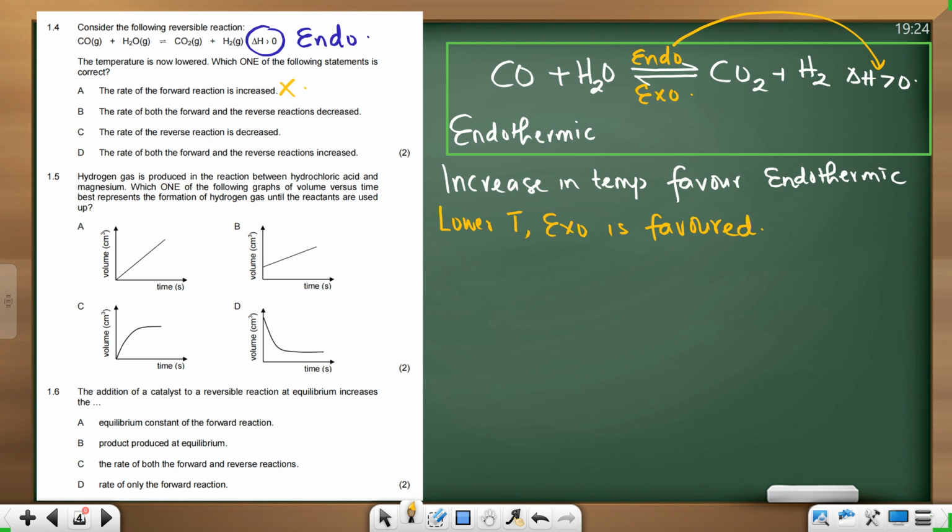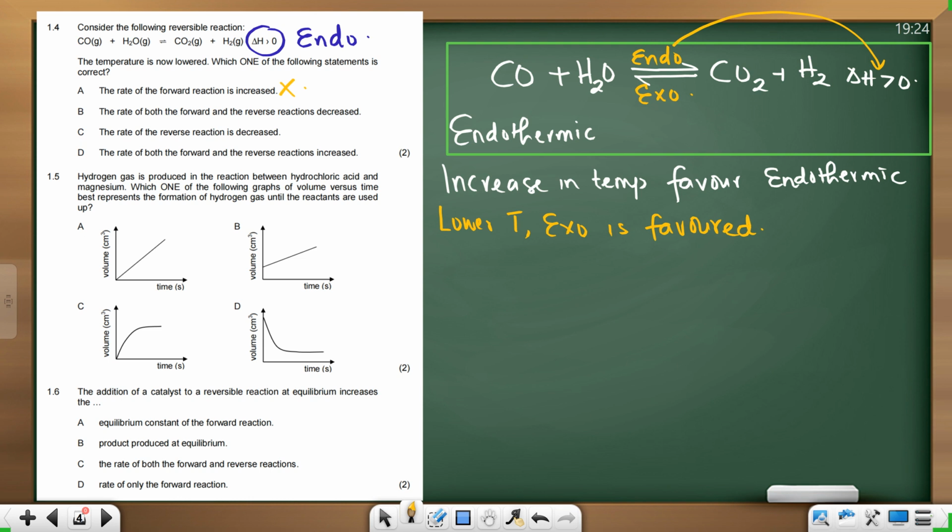The rate of both forward and reverse reaction decreases. That's very interesting, though. Will both reactions decrease? If we lower the temperature, will both decrease? Sophie, you're laughing. The rate of the forward and no, that's wrong as well. Should that be wrong?